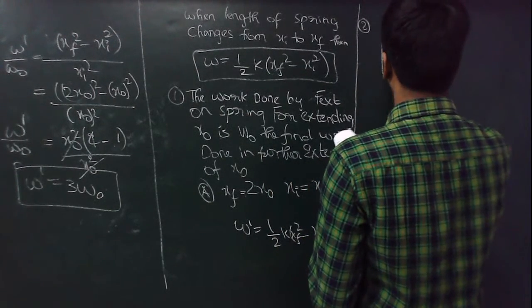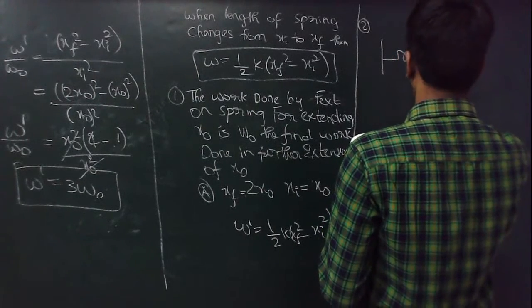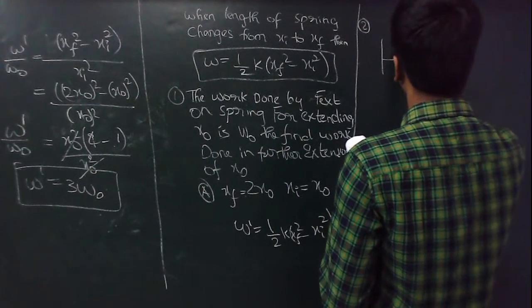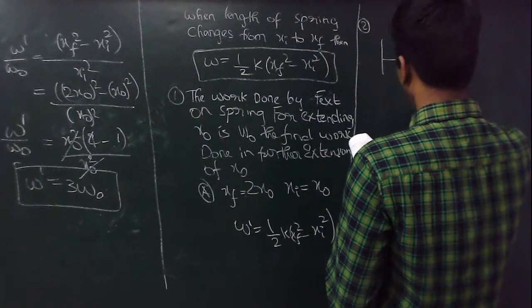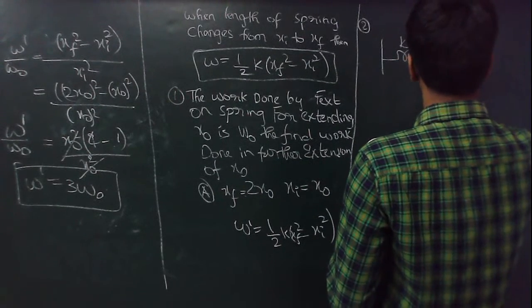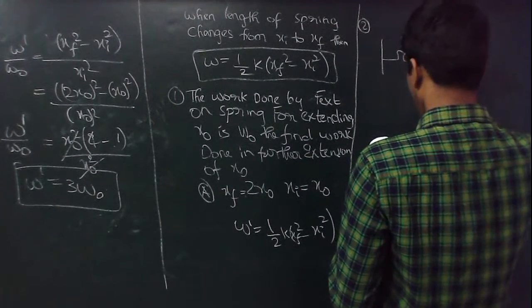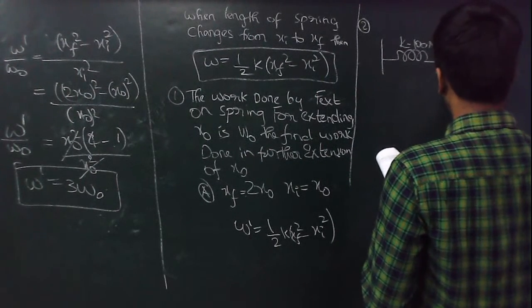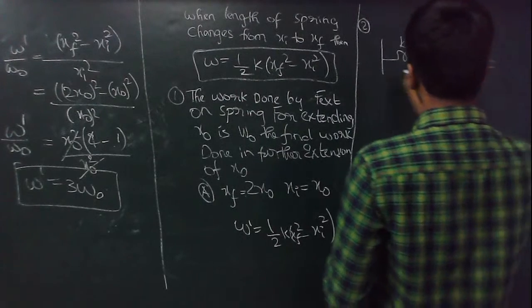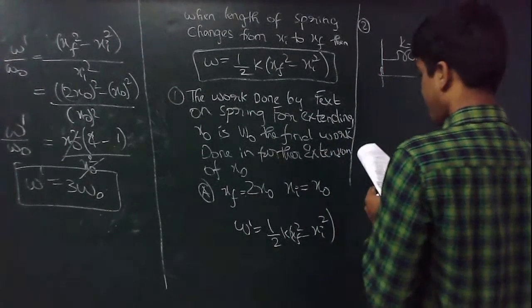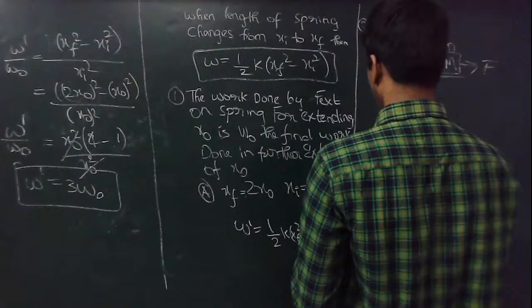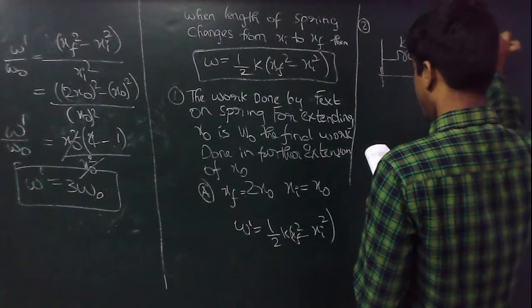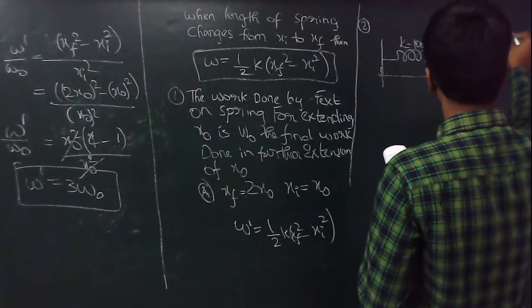There is a spring of K value 100 Newton per meter, and it acts on a block of mass. We don't take the mass here, and it acts upon a force. Here x naught is equal to 10 centimeters.